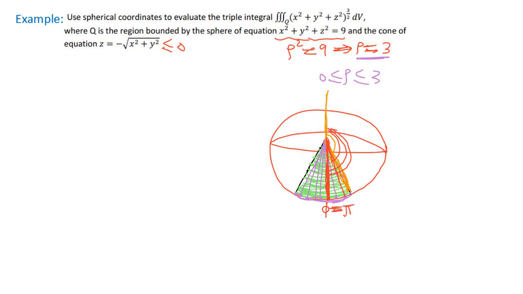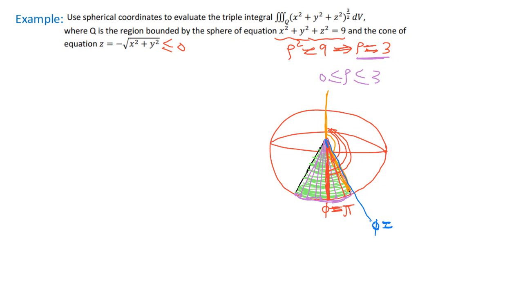Now, what about the minimum? What's the minimum value for phi? This is the minimum value of phi. The difference between the minimum value of phi and pi is an acute angle, so it will be something close to pi.